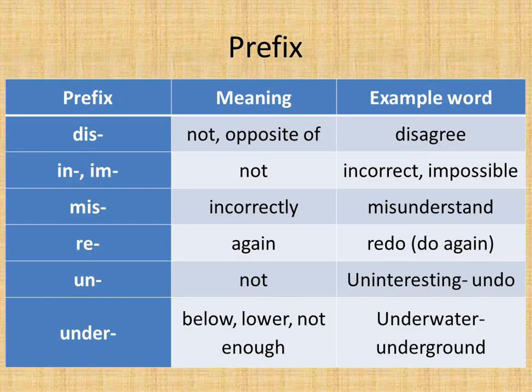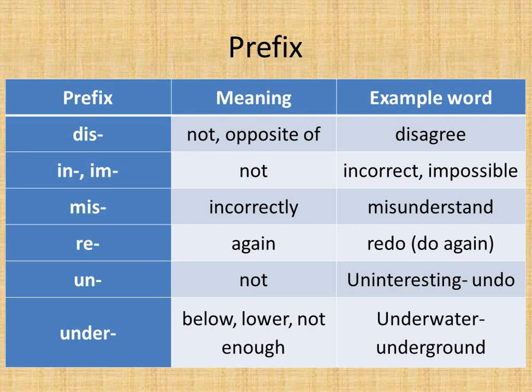Let's have examples. For example, dis, which is D-I-S. We add these letters at the beginning of words. They are prefixes. And what is the meaning that this prefix adds to the word? It means opposite of or not. So it turns the word into a negative form.